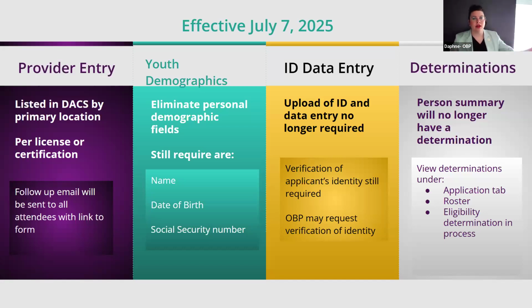And so if you have a different application type than a previous application, it is not going to show per your program. And so we will be removing that. And again, having you check in the roster and on the application tab for the most accurate determinations. And we are also updating those determinations within our process so that you can be receiving these notifications more effectively.